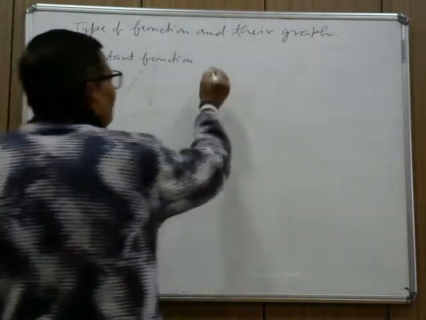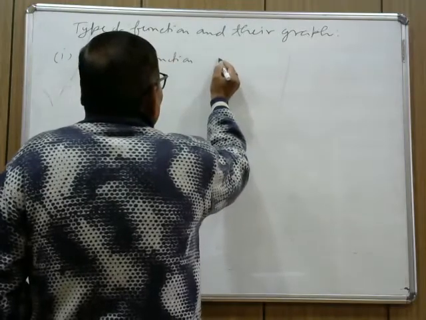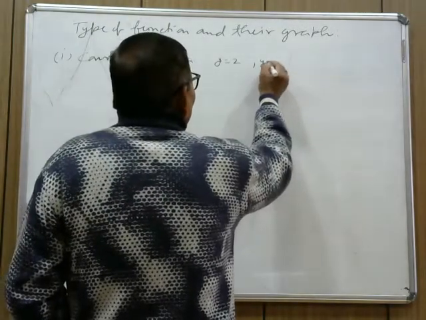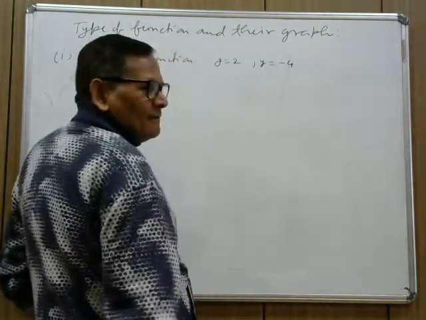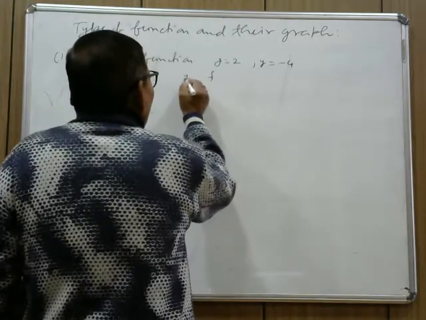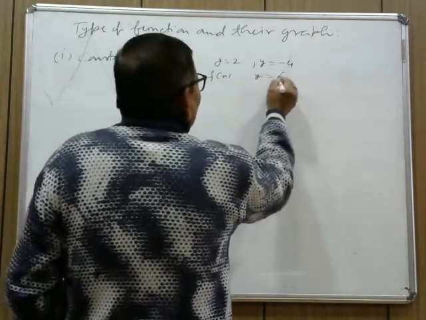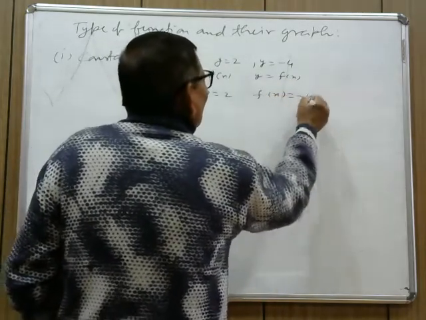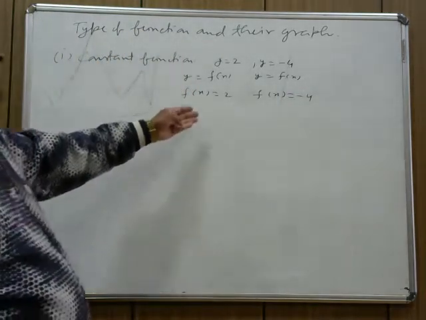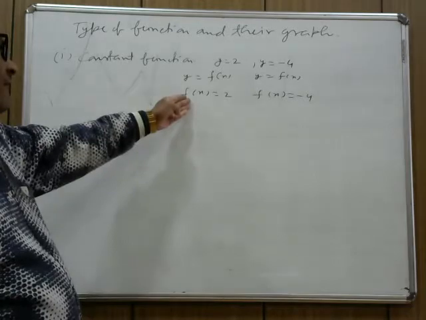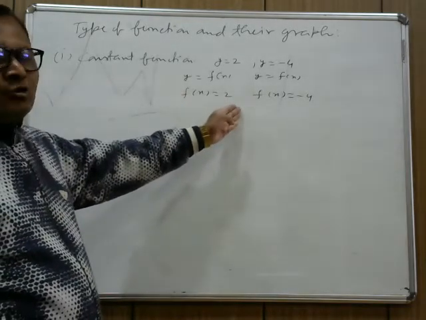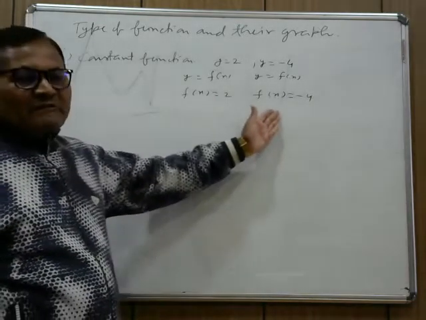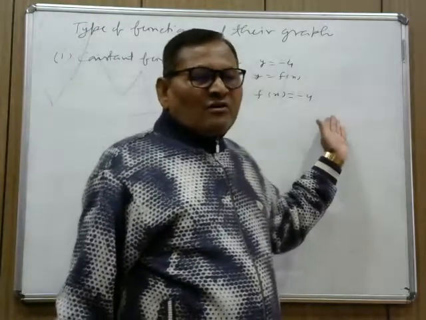You have seen if the function y equals 2, y equals -4, f(x) equals 2, f(x) equals -4. Now you observe that the value of x changes, but the value of f(x) does not make any change. That is always constant. These functions are known as constant functions.